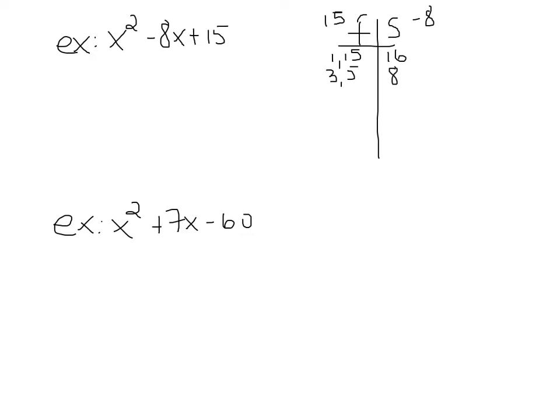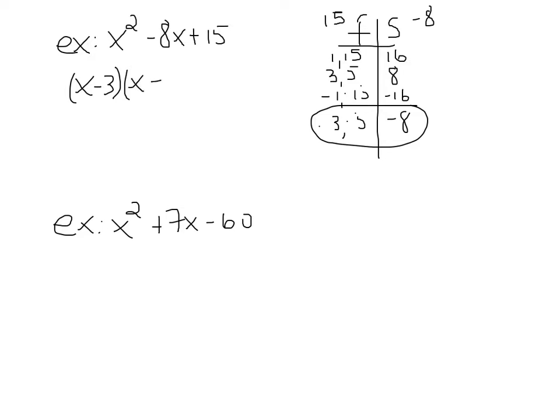If we add those we get 8. Negative 1 times negative 15 adds to negative 16, and negative 3 times negative 5, those multiply to 15 and they add to negative 8. So there are our numbers. Then the problem factors quite easily into x minus 3 times x minus 5.